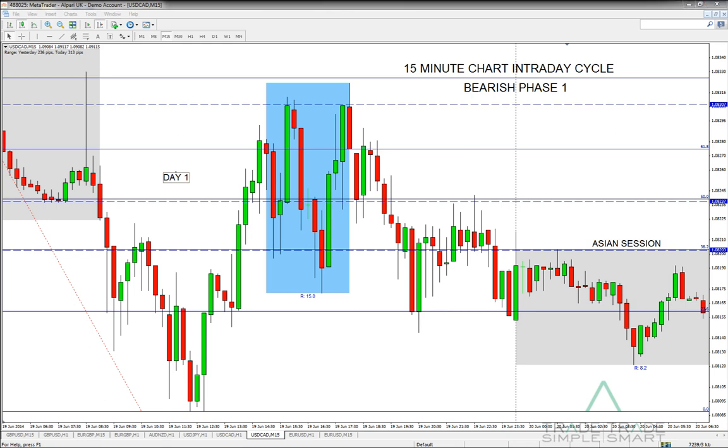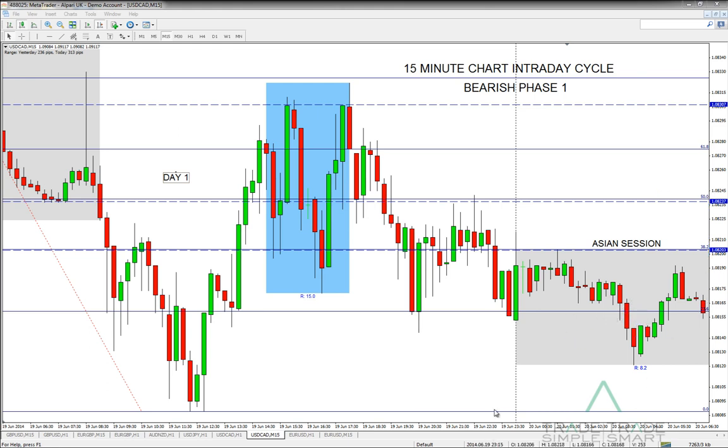We can see that the 50% internal retracement has overlapped our second level of resistance, and the same is true with the 0.382 internal retracement. This has overlapped with the Japanese high.